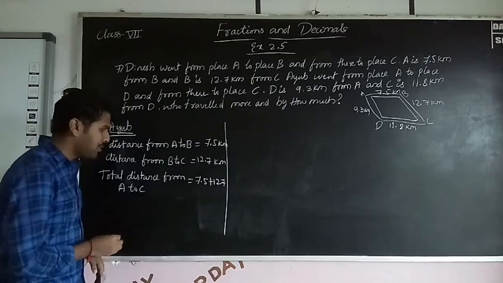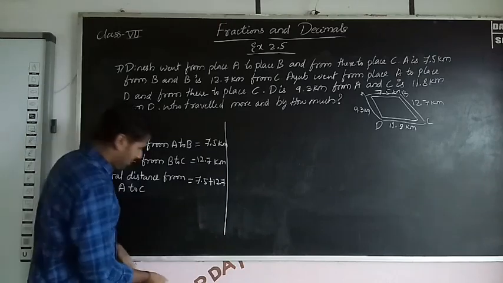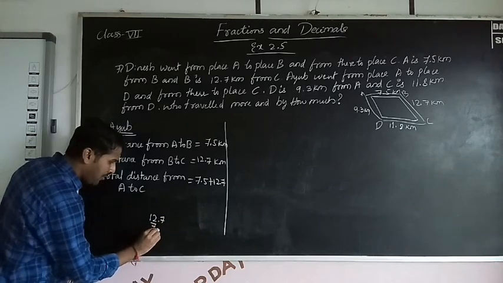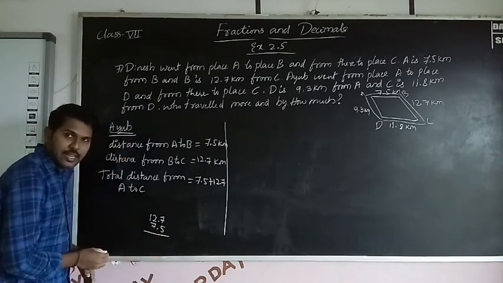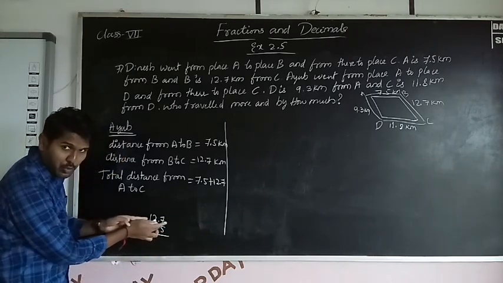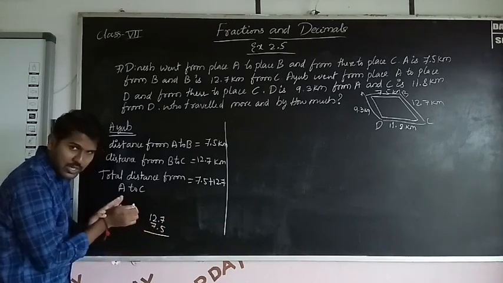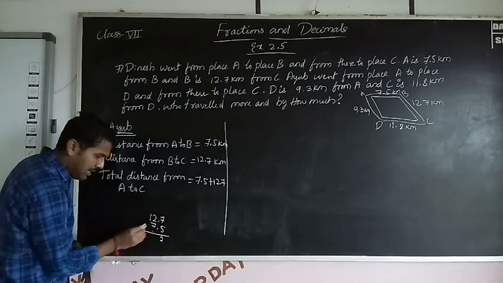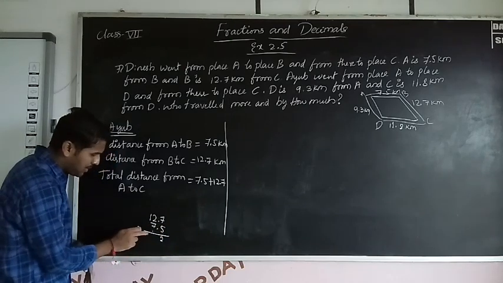So how to add this one? First write 12.7 and 7.5 like this, because after the decimal point there is 1 digit here and also 1 digit here. 7 plus 5, 12. 1 carry, 2 plus 7, 9, 9 plus 1, 10.